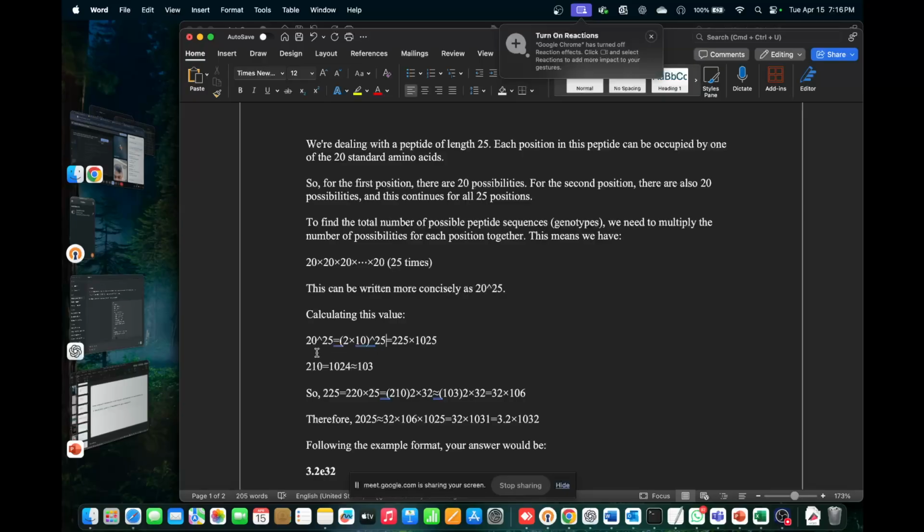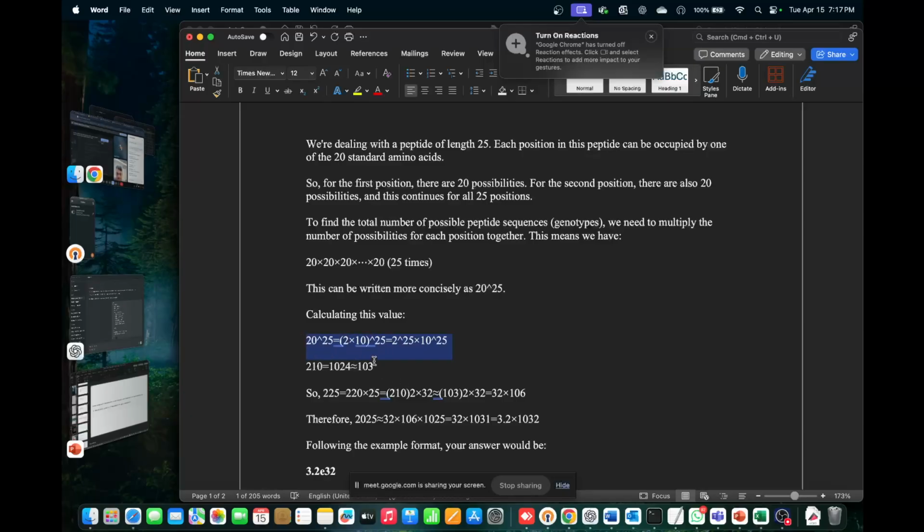I think something is wrong here. So 20 to the power 25 is (2 into 10) to the power 25. This is fine. You're just breaking down the 20. So this becomes 2 to the power 25 into 10 to the power 25. Till here it is fine?